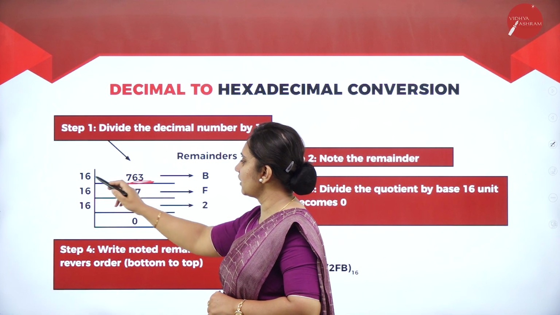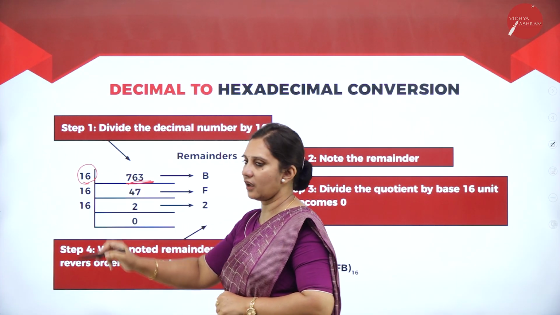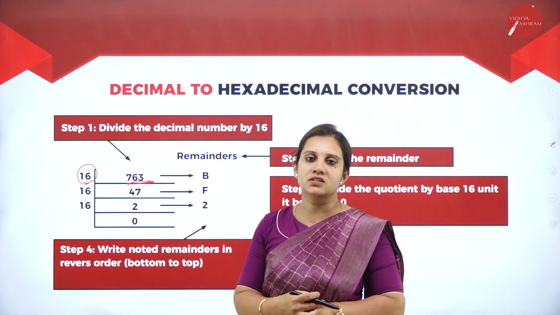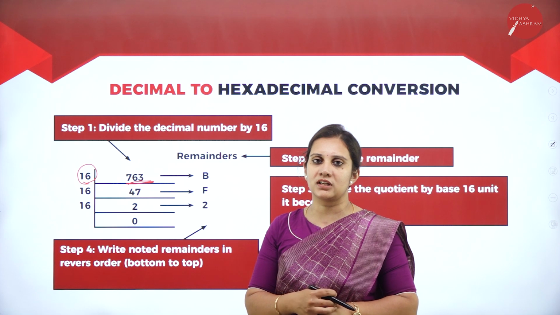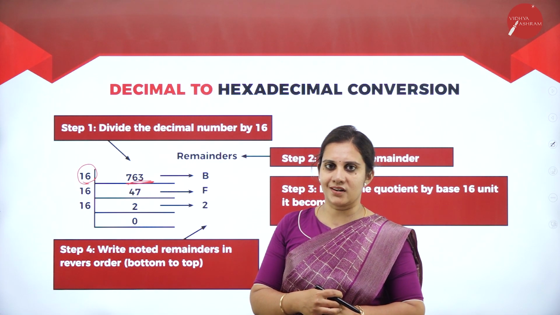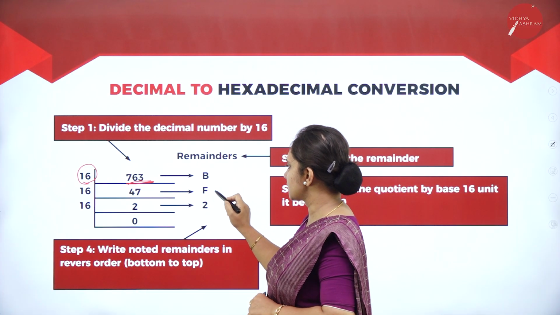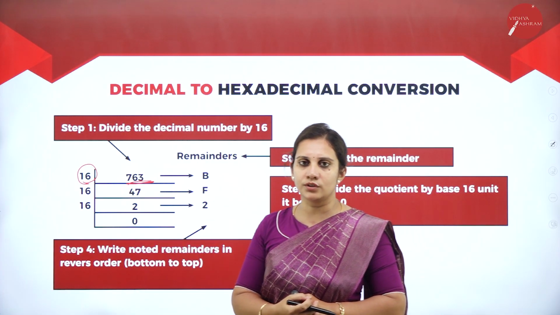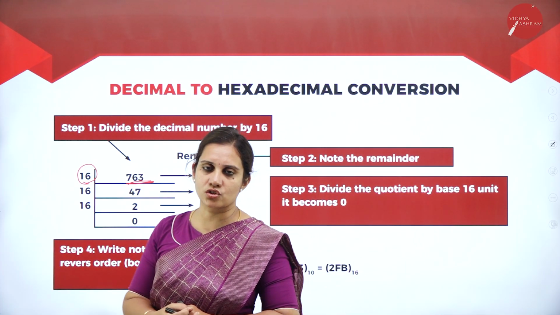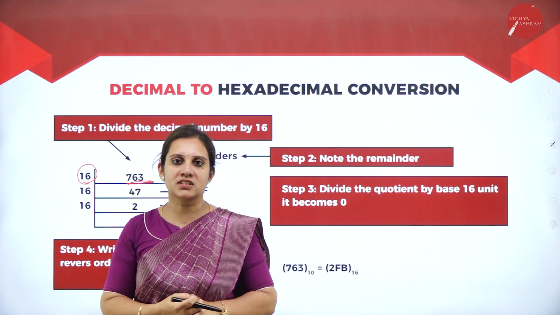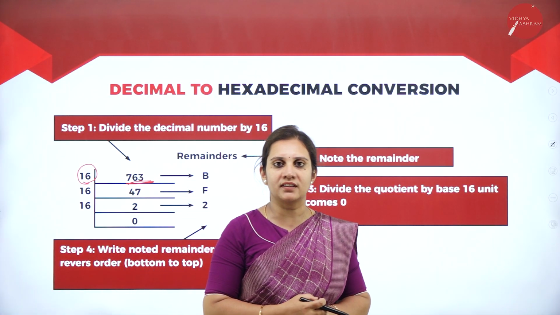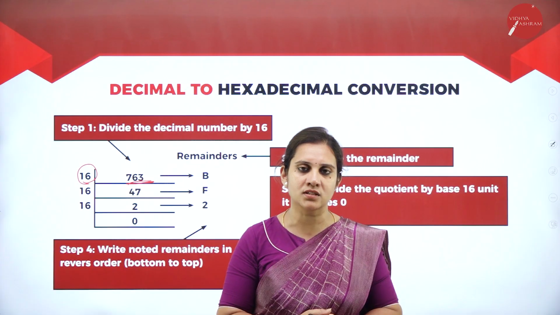Now let us see an example. I have taken 763. I am dividing by the base value, that is 16, because I need to convert that number to a hexadecimal number. When I divide it, I'll get this combination. As I told you in my first session when I explained hexadecimal, 0 to 9 the representation will be numbers.